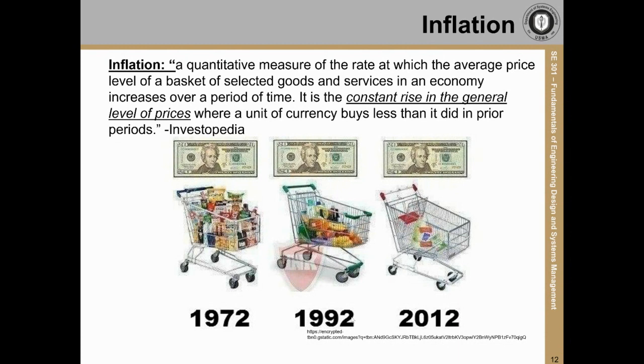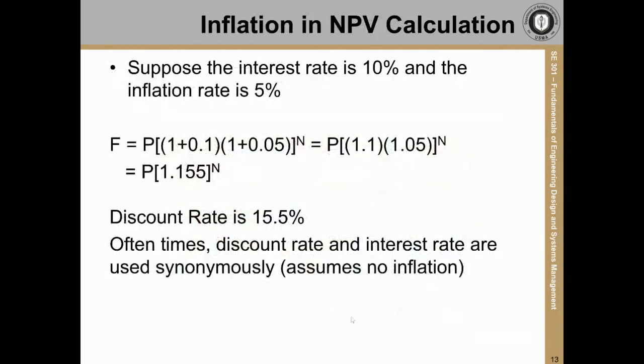Or the example I like to give is when I was growing up, a McDonald's value meal was $2.99. Now $2.99 will get you next to nothing at McDonald's. Because inflation changes with time, and we know inflation rates and we can project inflation rates, we need to take that into account also with our time value of money.